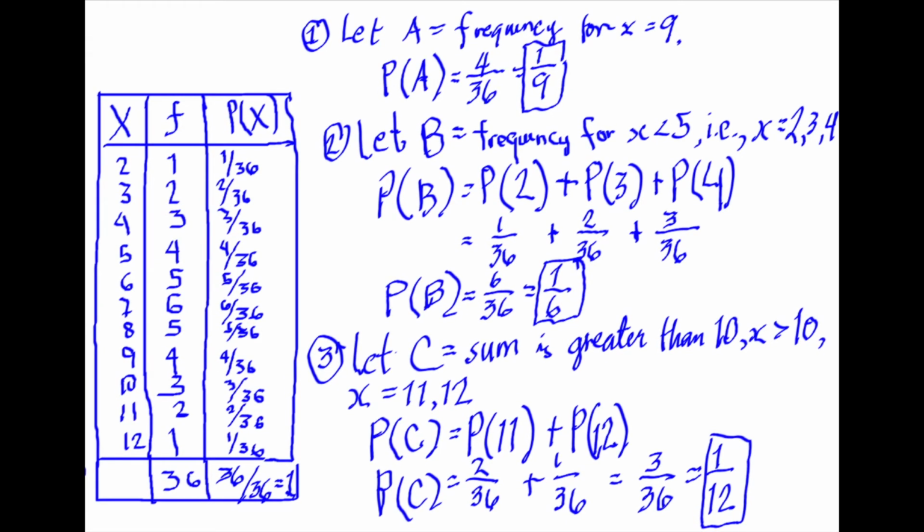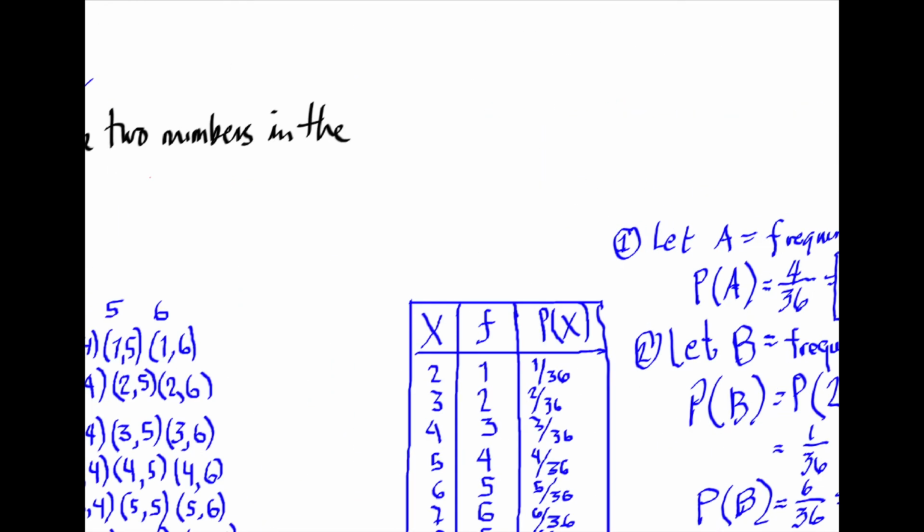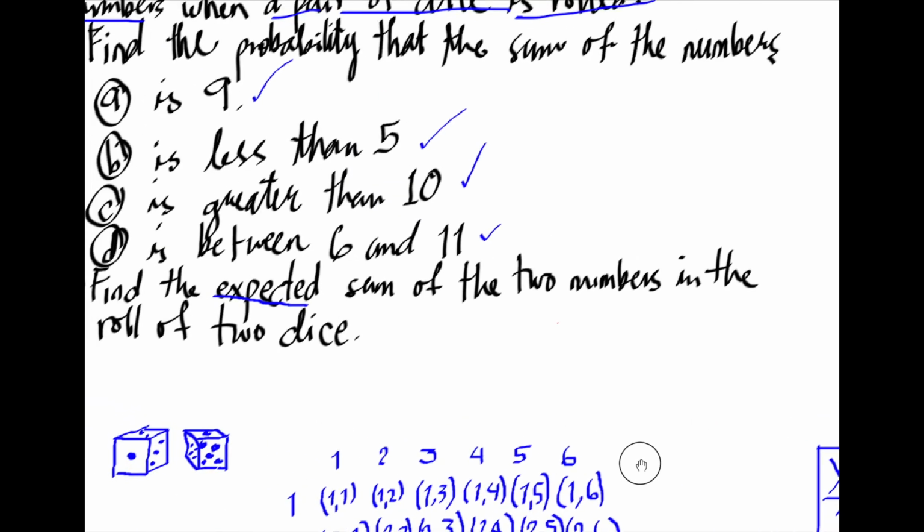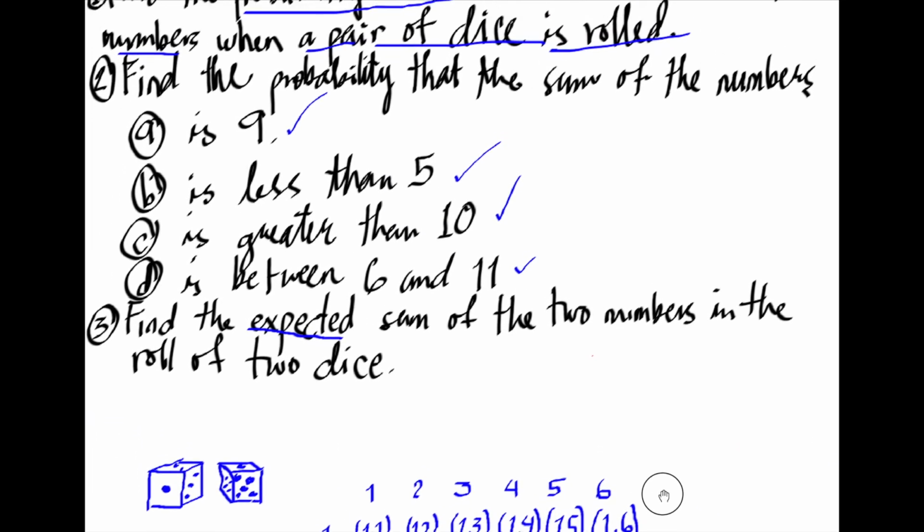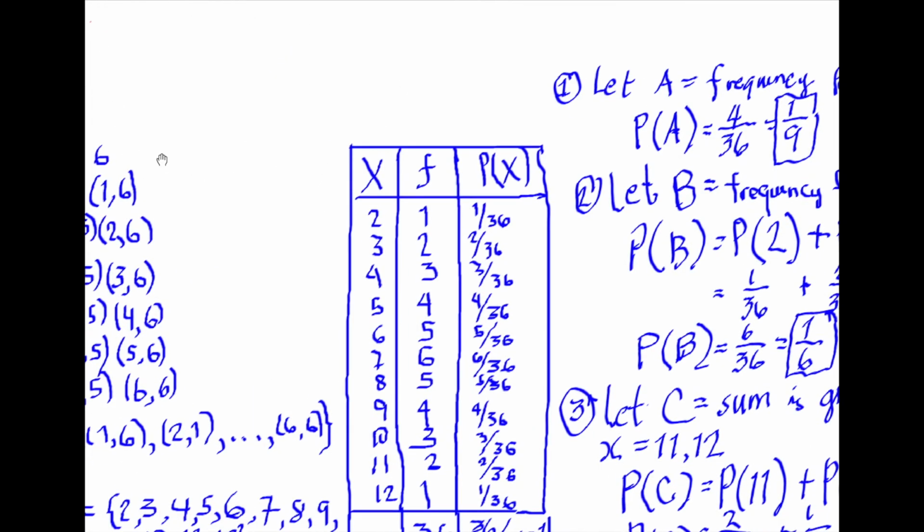Now for letter D, our last number for this example, what we have is between 6 and 11. So what's the probability between 6 and 11?